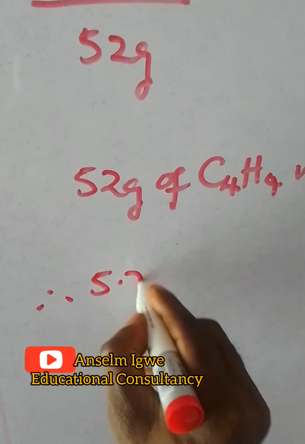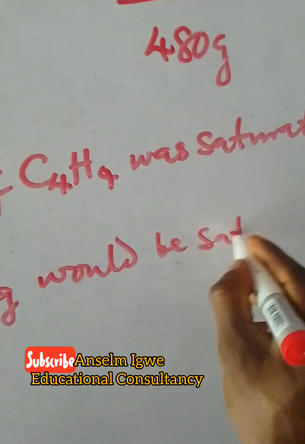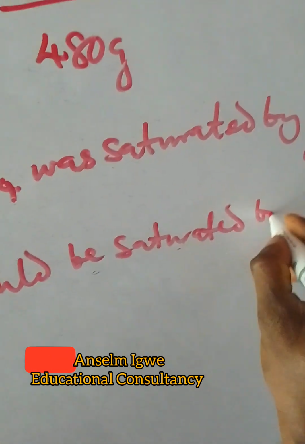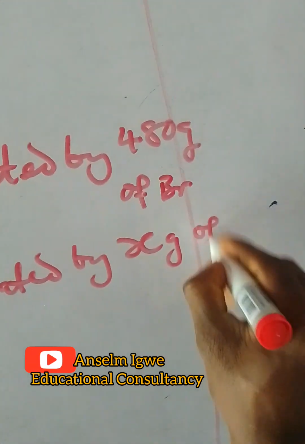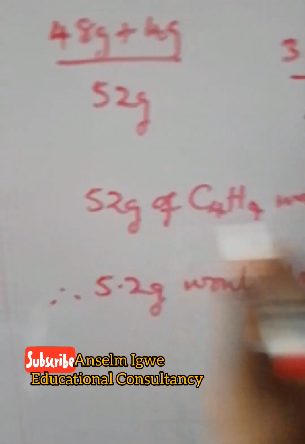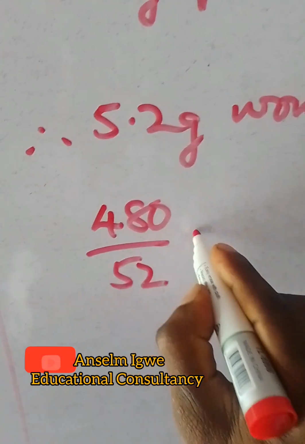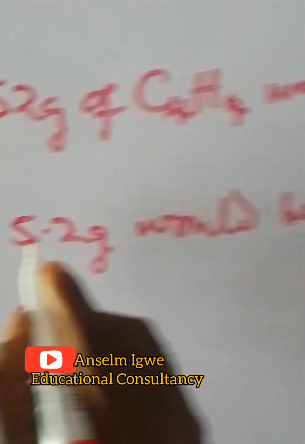Therefore, 5.2 grams would be saturated by, let's say, X grams of bromine. We do the proportion: 480 over 52 is the same thing as X over 5.2.